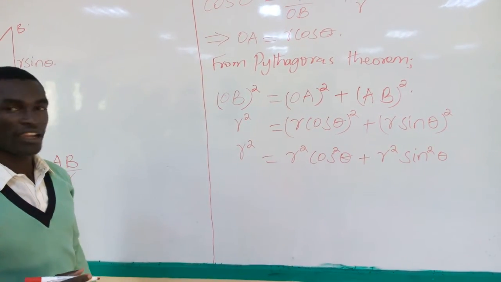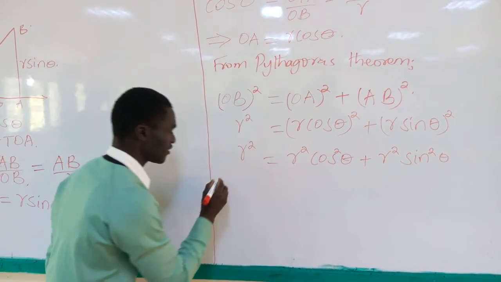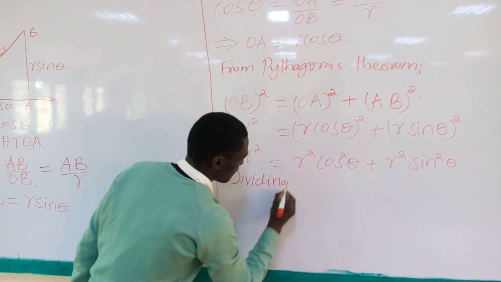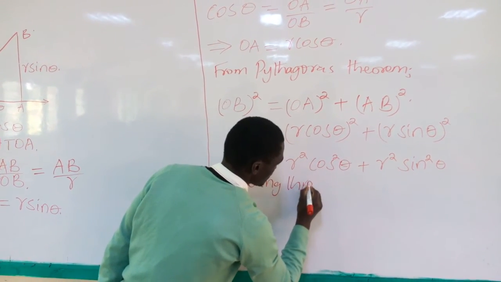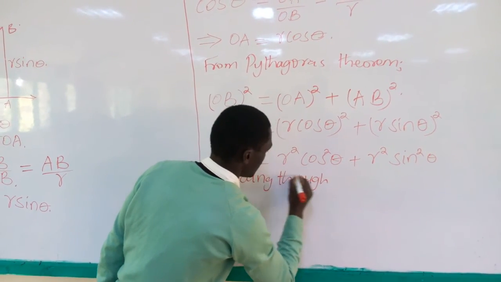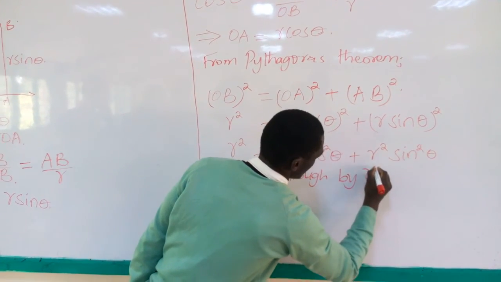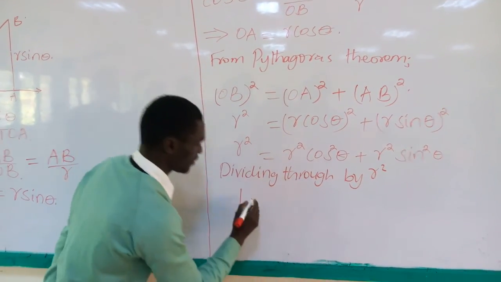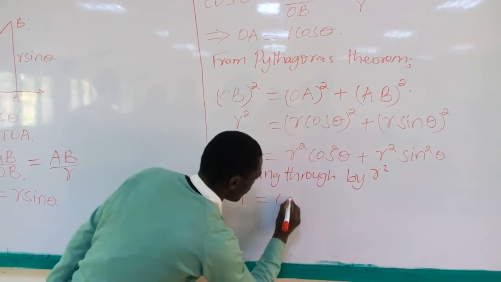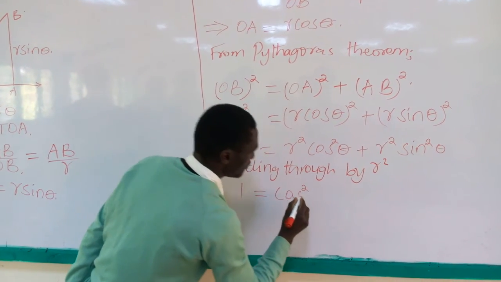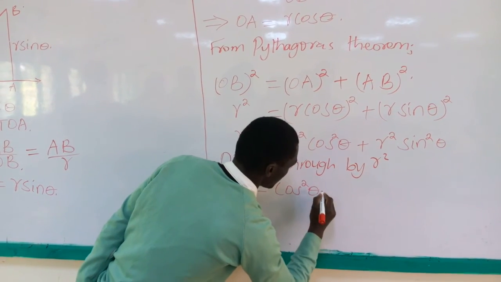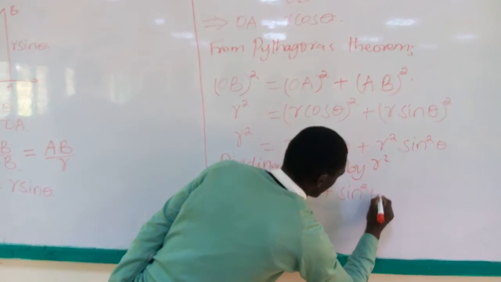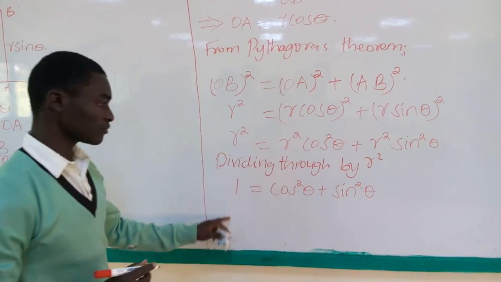Having this, we can divide through by R squared. And this gives us one is equal to cosine squared of theta plus sine squared of theta.